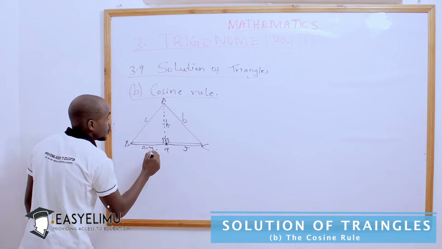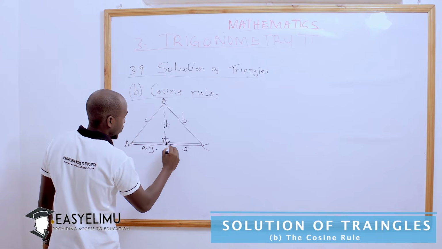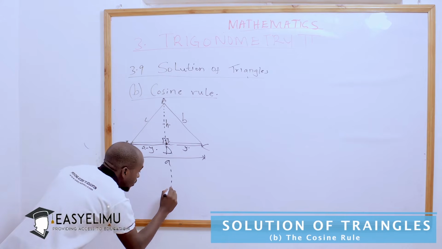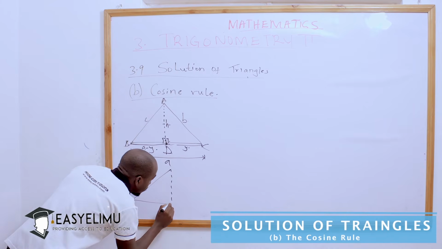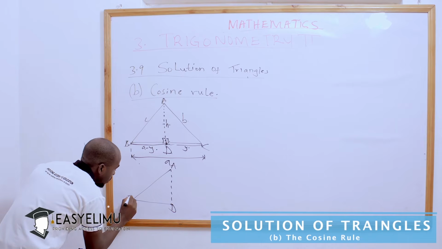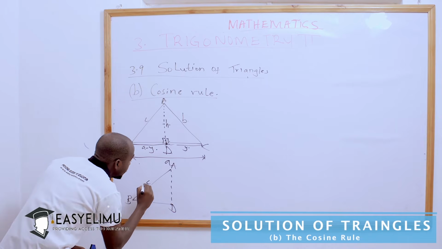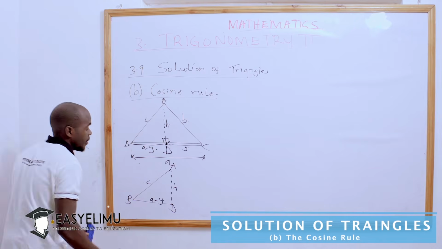I'm cutting out the triangle. Let me give this one letter d. This is what I'm cutting out. So I will have triangle A, D, B with the sides C, H, and A minus Y.